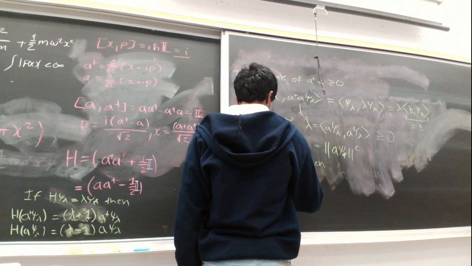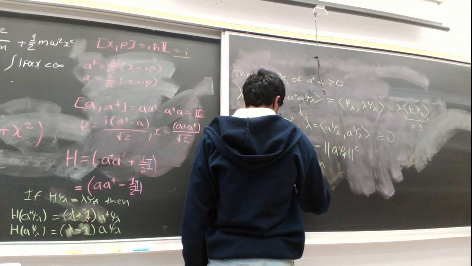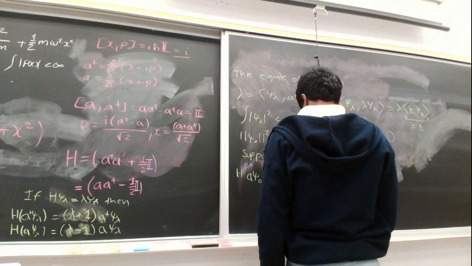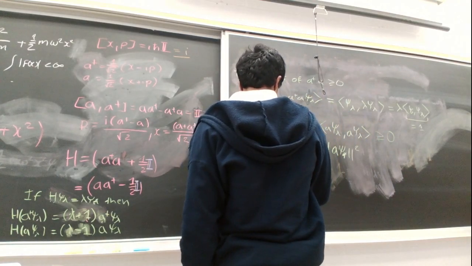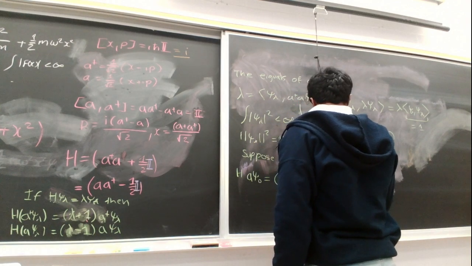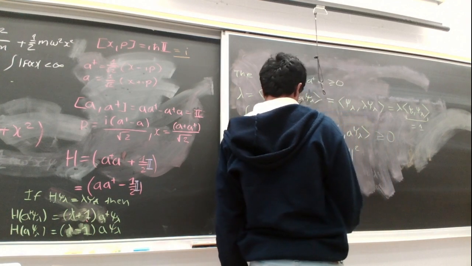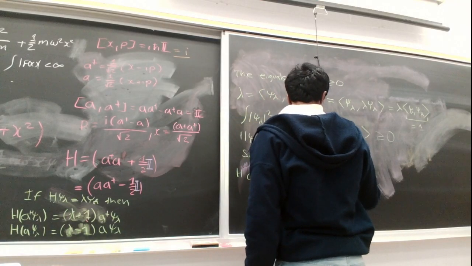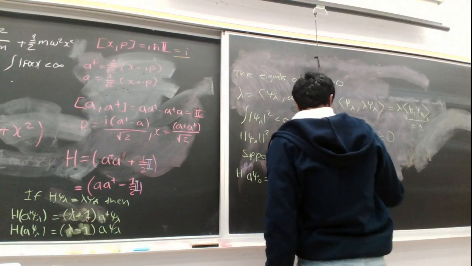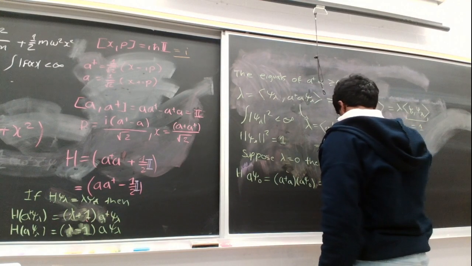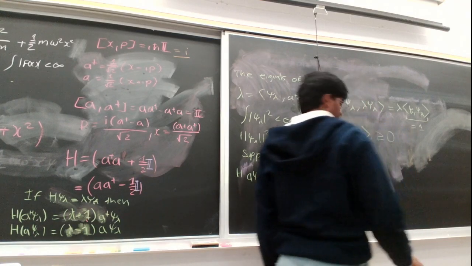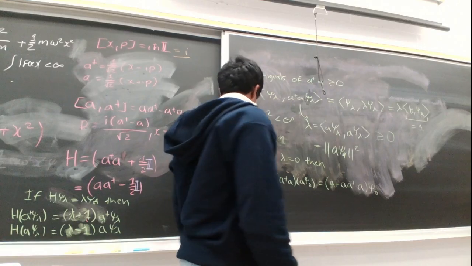A dagger A psi 0. Now you want to commute one. It's 1 minus a dagger times a. No, it's a dagger a minus 1. Just look at the thing again.